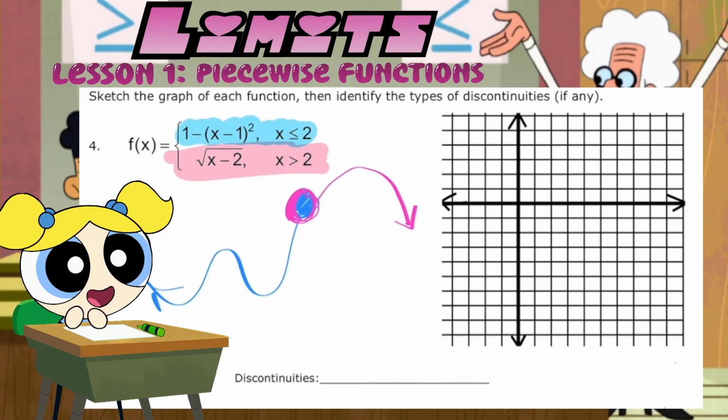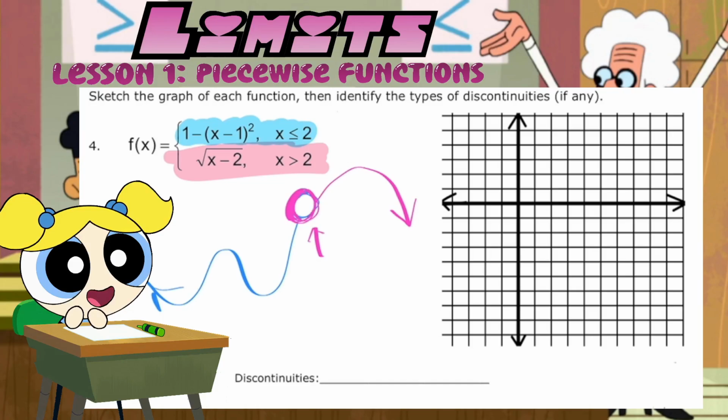So what has to happen for it to not be continuous? For it to not be continuous basically means that perhaps the point at 2 is not defined. Maybe you have a hole, also known as a removable discontinuity, where one graph ends and the other graph starts.